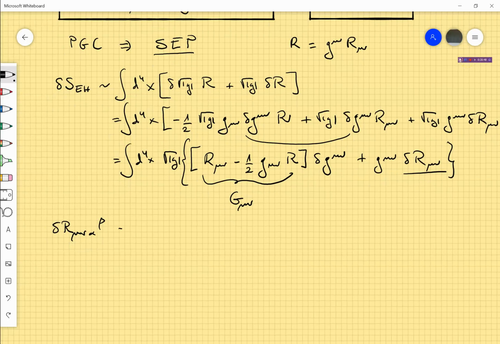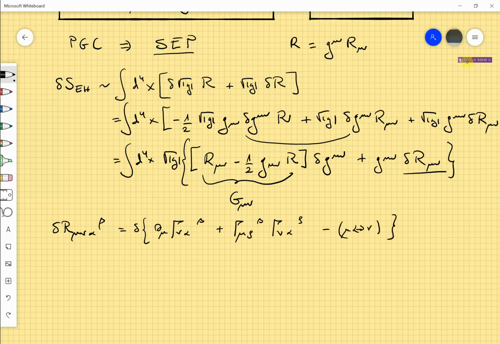Okay, so this is by definition the variation of the partial derivative of this plus, sorry, gamma nu alpha rho minus what I get by interchanging mu and nu in the previous terms.